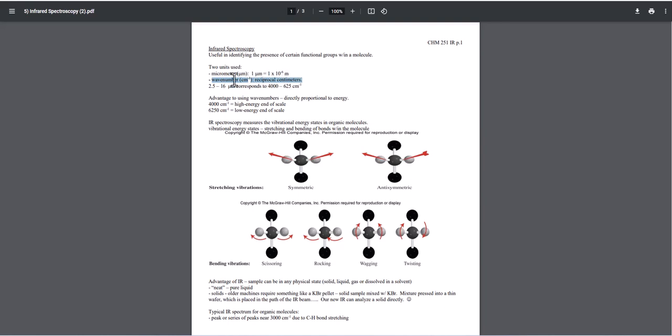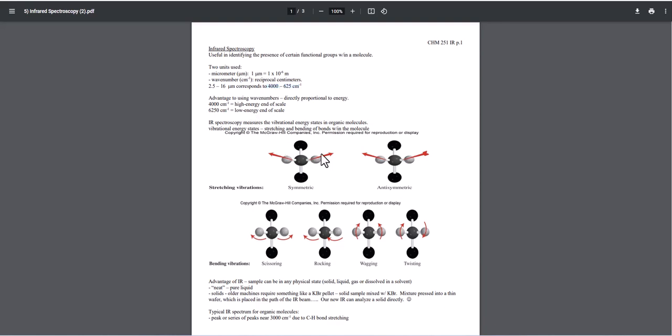So IR spectra are measuring the frequency of a vibration of a bond. The range of an IR spectrum is about 4,000 down to 625 wave numbers, with the most pertinent information being in the range of about 3,500 to about 1,500 wave numbers.